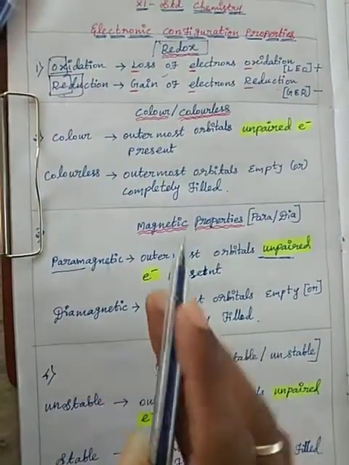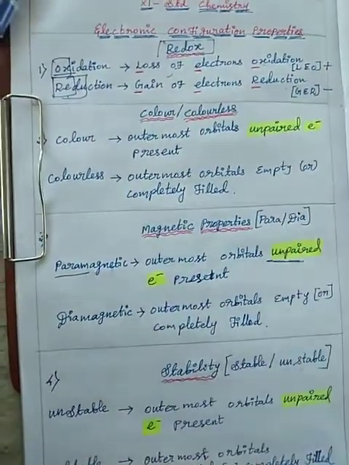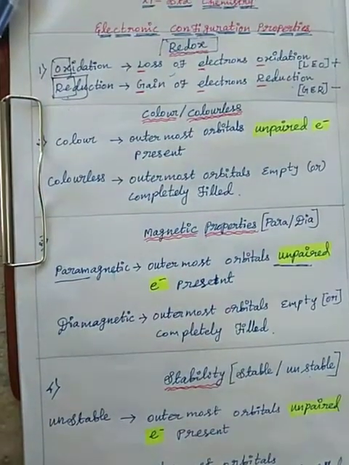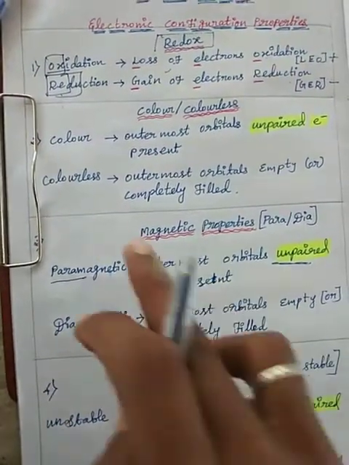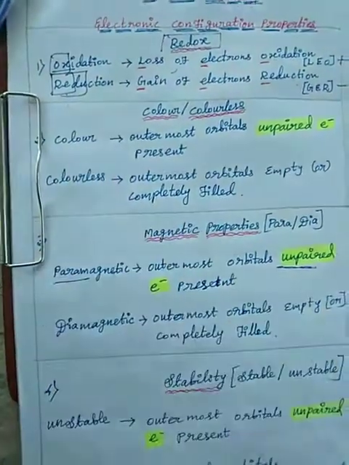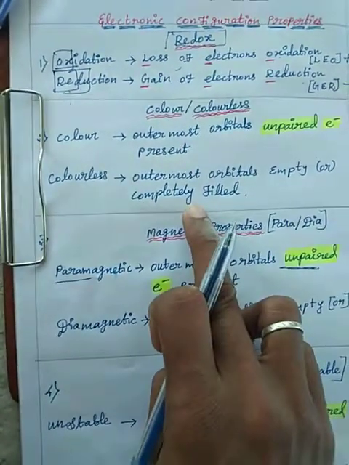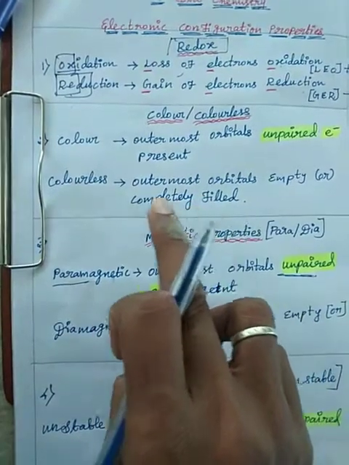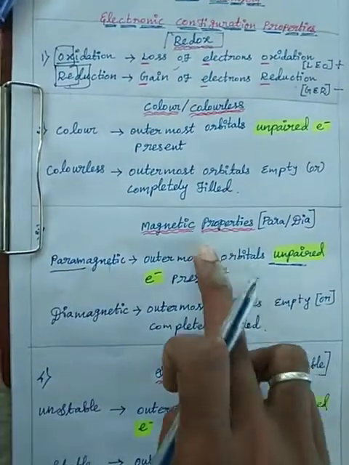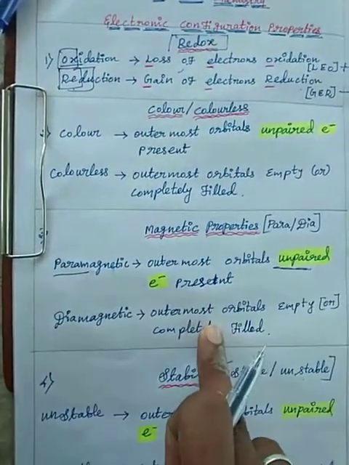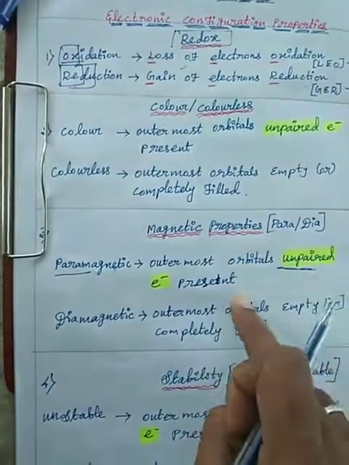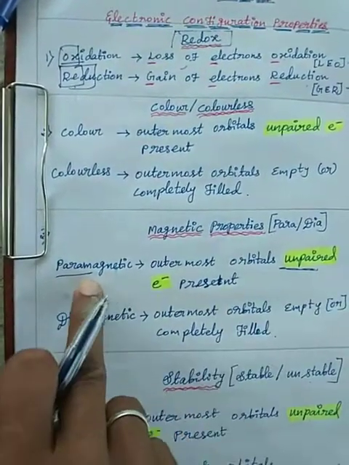Next, color properties. Unpaired electrons present in the outermost subshell confirm that the ions are colored. If the outermost subshell is empty or completely filled, that atom or ion is called colorless. And the magnetic properties are the same: outermost orbitals with unpaired electrons present are called paramagnetic.